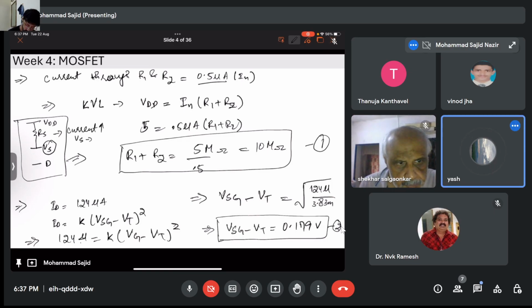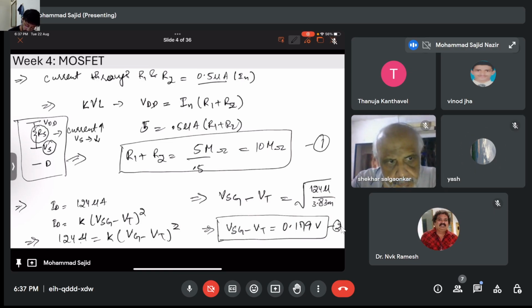VS will decrease, right? Because the whole drop will go across this resistor. So, what is the maximum current that is flowing through here? 2ID, right? At 2ID, you want Vs minus Vd sufficient such that it has to be equivalent to Vsg minus Vt.